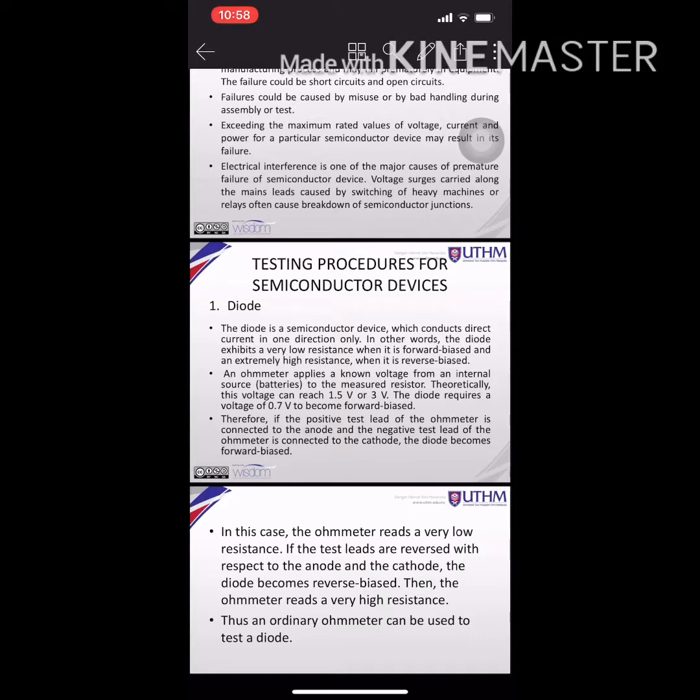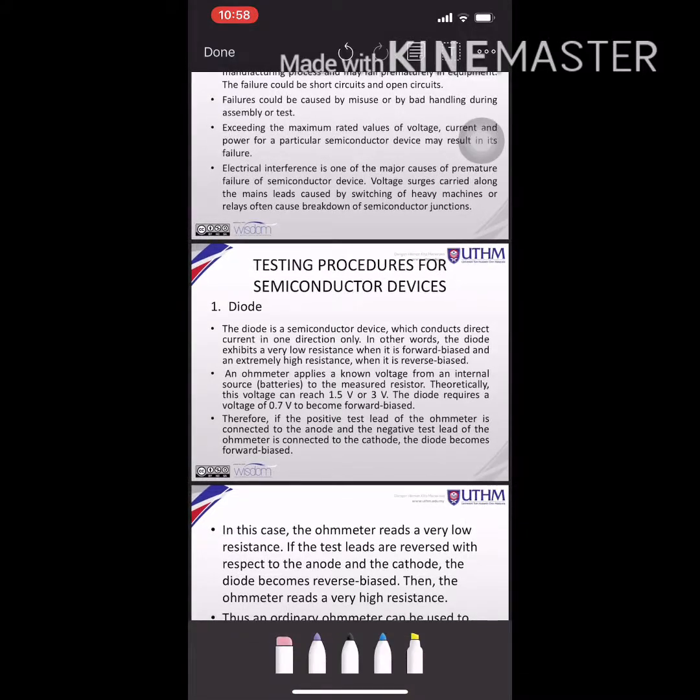Alright, so saya nak tunjuk how we want to test our semiconductor device. Okay, so first we want to look at the diode. This is our diode, right?